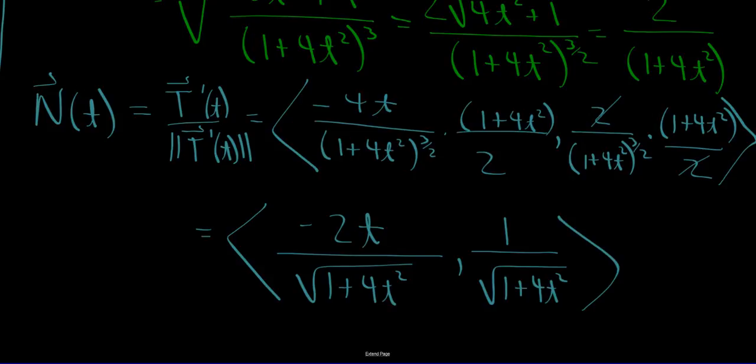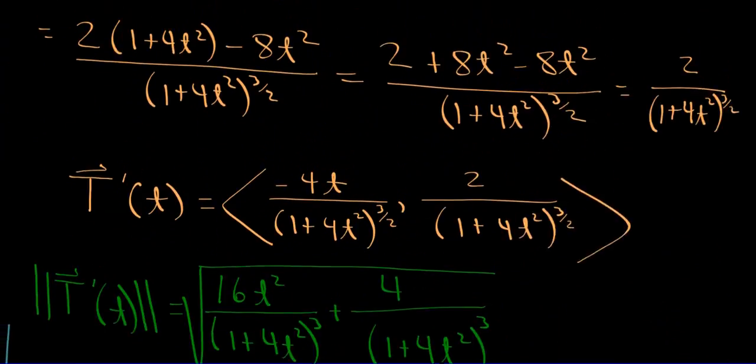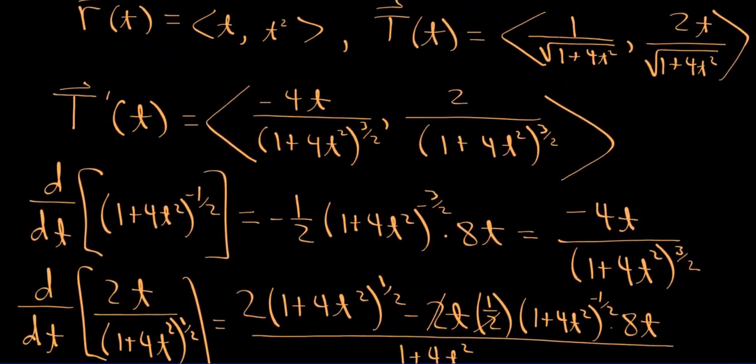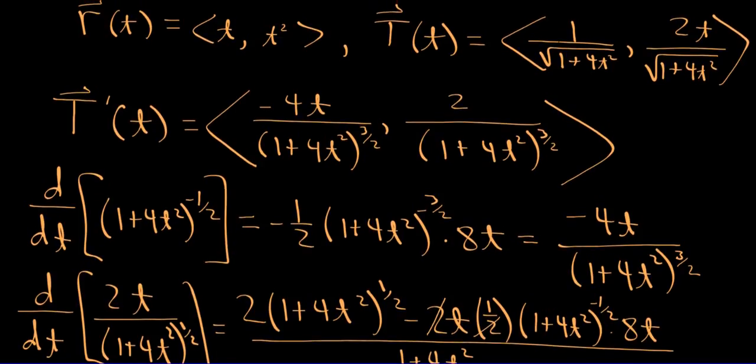Now, if you look up here, what was the tangent vector? The tangent vector was this, right? And you notice what's happened, and this is always going to happen in the plane. The y came over into the x spot, and the x went over here, and I changed the sign. One of the signs got changed, right?